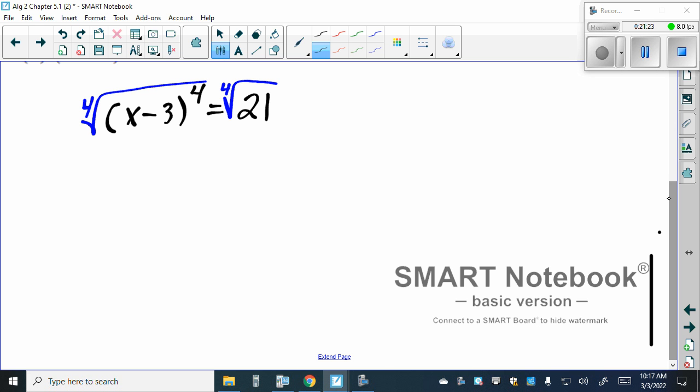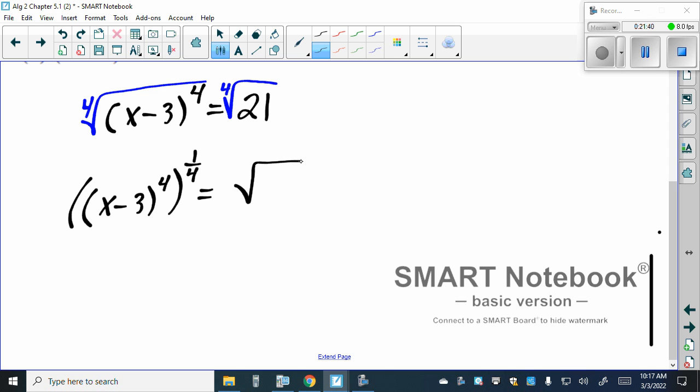Because the left side, really what we just said is that I have x minus 3 to the 4th to the what? 1/4. Because any radical can be rewritten as an nth root, and we get this here. I'm going to leave that as the 4th root of 21, because if I was a gambling man, I would guess that that's not going to be a whole number. Now, here we have powers of powers that multiply.